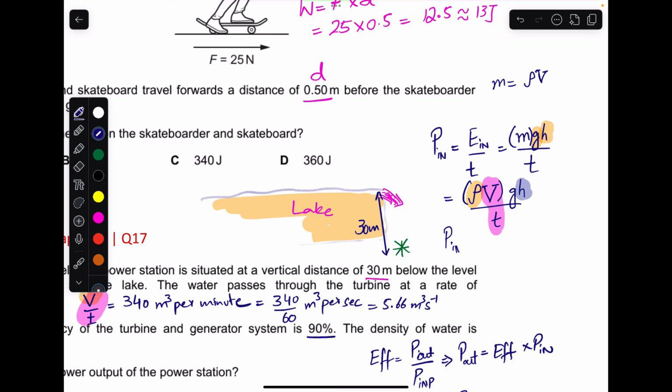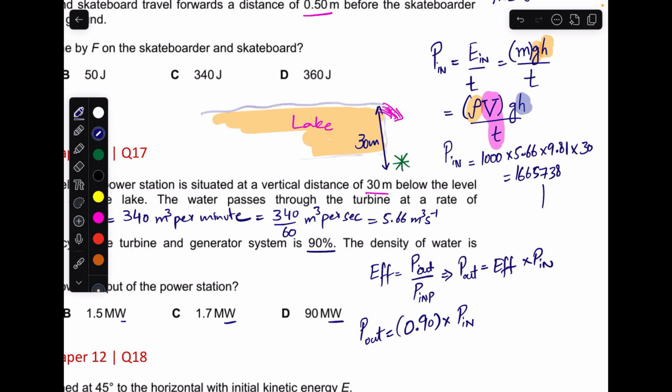So P in will be 1000 into volume per second, 5.66, into 9.81 into the height, that is 30. When you calculate all of this, it will give you 1665738. Then you will put this here.